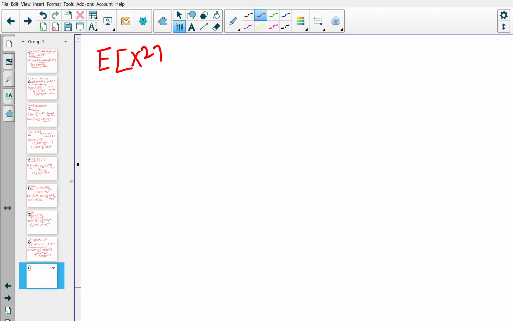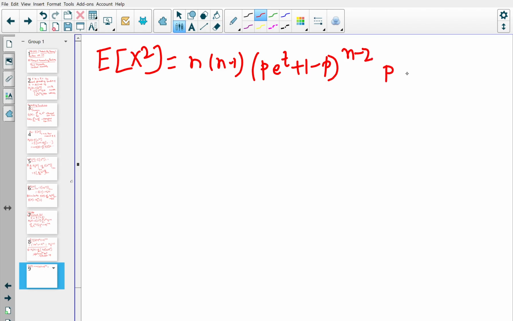Okay, and now you can easily find out the second raw moment. For the second raw moment you need to just take the double derivative, and what will the double derivative be? Let me do it for you. So n into n minus 1, and then p times e power t plus 1 minus p to the power n minus 2, and then you have p e power t whole square.